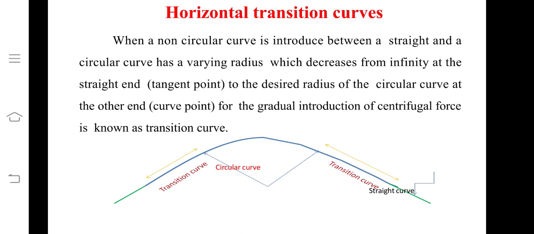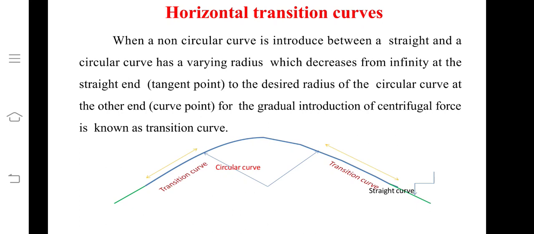For simplicity, if R is the radius, there will obviously be some shift in between. This transition curve should satisfy some objectives. So what are the objectives? It creates smooth running and imparts comfort to the road user.